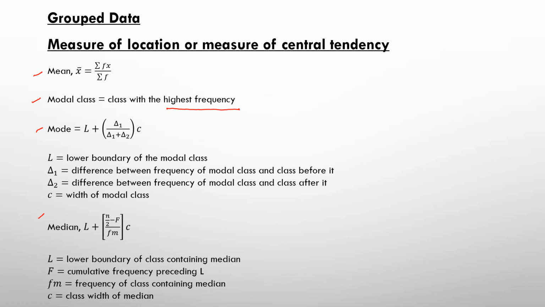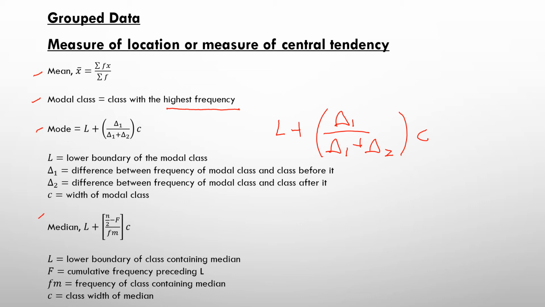So the formula for grouped data to find the mode is L plus delta 1 divided by delta 1 plus delta 2, times C. L is the lower boundary of the modal class. Delta 1 is the difference between the frequency of the modal class and the class before it. Delta 2 is the difference between the frequency of the modal class and the class after it. C is the width of the modal class.